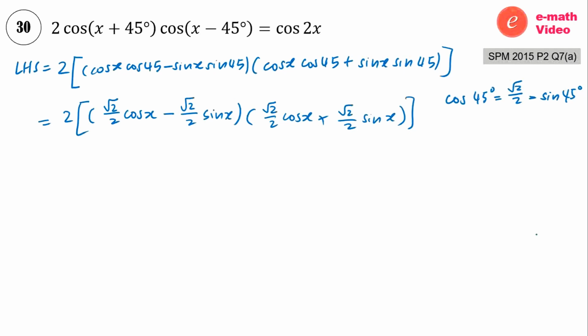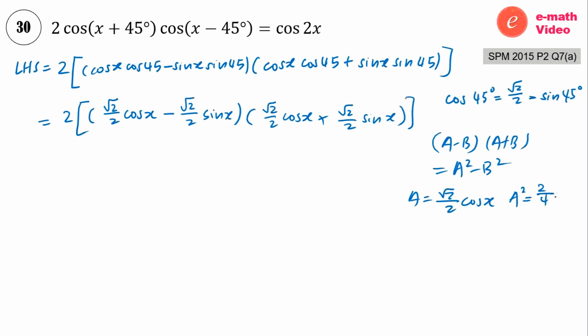And look at it. It's our friend again. A minus b times a plus b equals a squared minus b squared. In this case, our a is square root 2 over 2 cos x. When we square it, a squared will become 2 on top and 4 below, cos square x, which equals 1 over 2 cos square x. Then our b is square root 2 over 2 sine x.